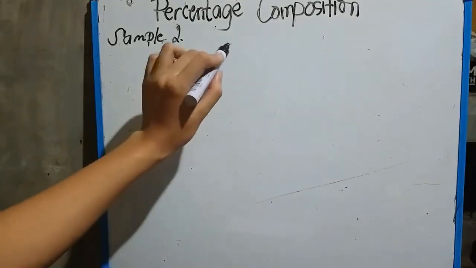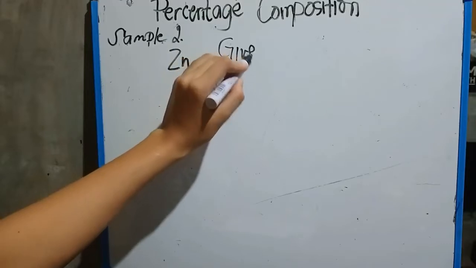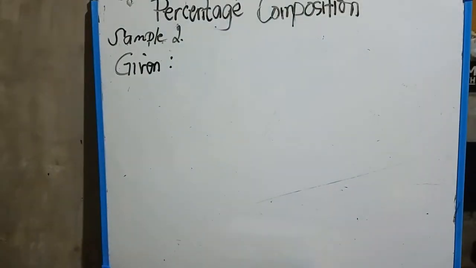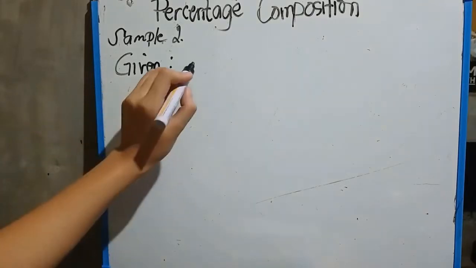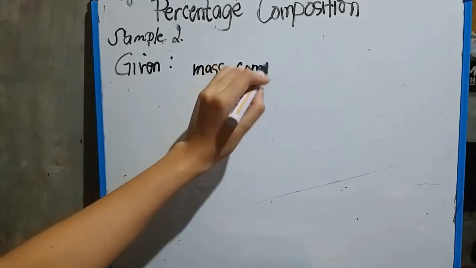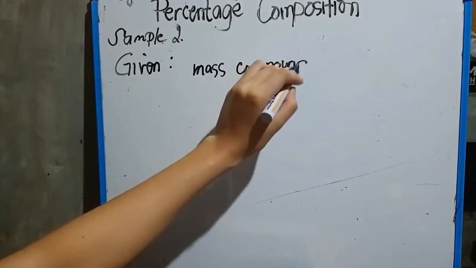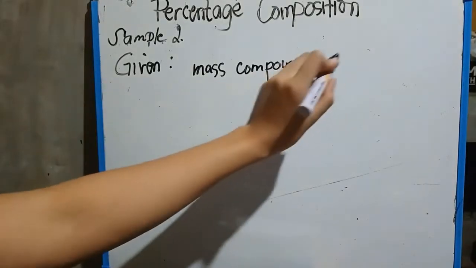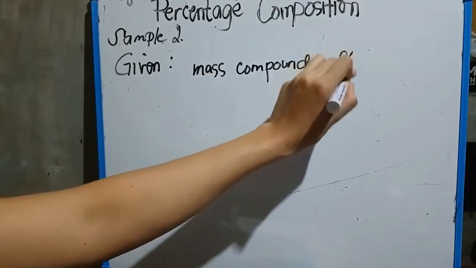So what is given is the mass of the compound, which means the mass of the compound is already determined, and it is equivalent to 20 grams.